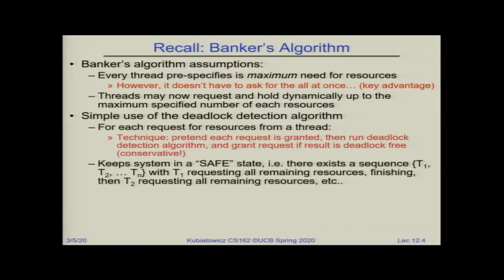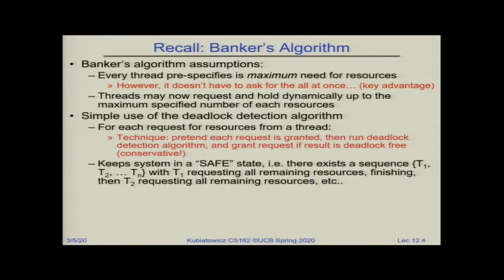This is a simple use of the deadlock algorithm with a suppose aspect to it. If a new request is coming in, you say, suppose I granted it. Is the system in deadlock? If so, you can't have it yet; you've got to wait. Or, if it's not in deadlock, I'll grant it.